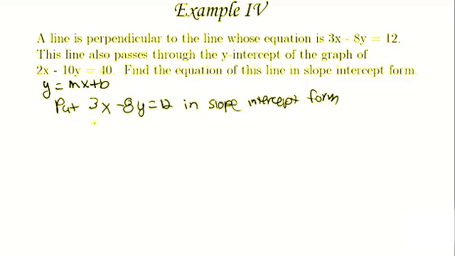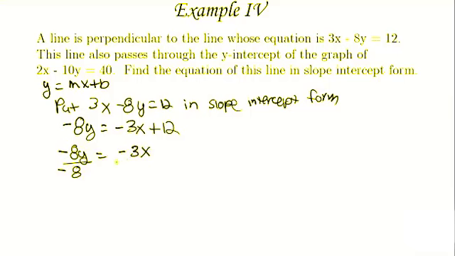So in order to do that, I'm first going to move the 3x to the other side by subtracting 3x from both sides. So negative 8y is going to equal negative 3x plus 12. Then I'm going to divide both sides by negative 8. That's going to give me negative 8y over negative 8 equals negative 3x divided by negative 8 plus 12 divided by negative 8.